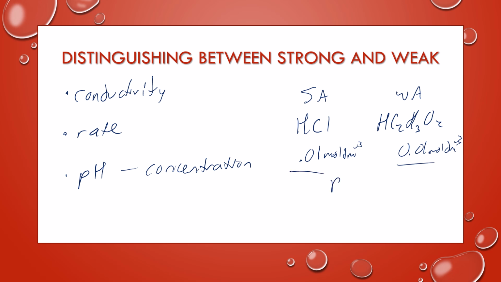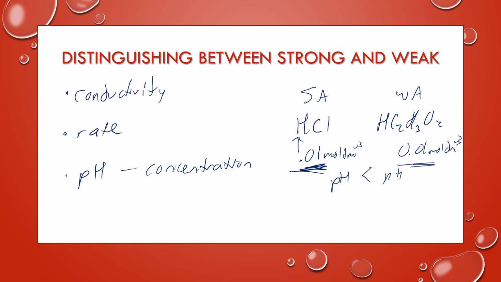That means that the pH of the HCl will be less than the pH of the acetic acid, because all of this will break down into hydrogen ions, but only some of the 0.01 moles per cubic decimeter for the acetic acid. That's if they have the same concentration to begin with.